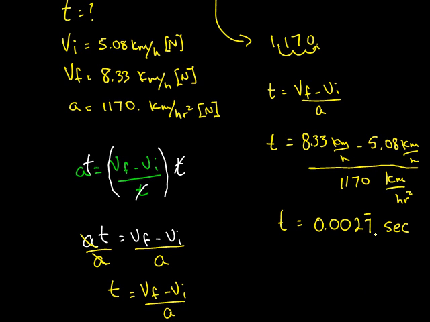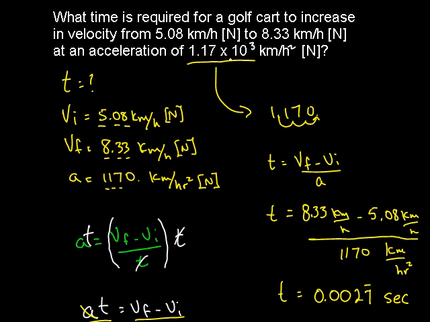Now the question may be, where do I round this? The rules for significant figures state we have to take the lowest number of significant figures within the numbers that were measured or given to us. Here we've got 3 significant figures, here we've got 3, and in the question, if we scroll back, 1, 2, 3 significant figures as well.